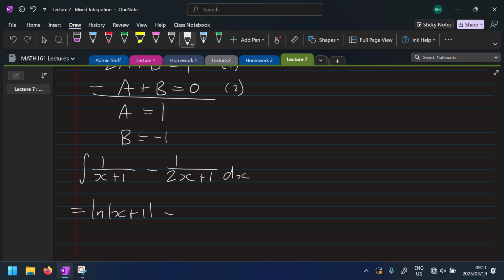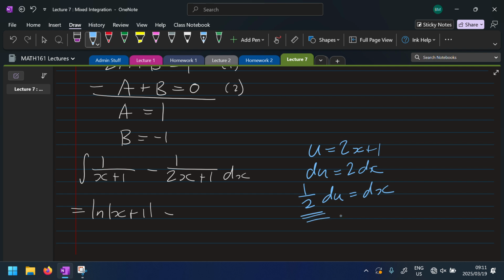Second one, I noticed a lot of mistakes with this in the quiz. A lot of you were writing just the natural log of 2x plus 1. That's wrong. Okay, x has a coefficient of 2. What happens if we do a u substitution? u equals 2x plus 1, du equals 2 dx, 1/2 du equals dx.